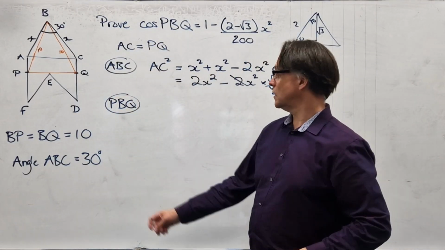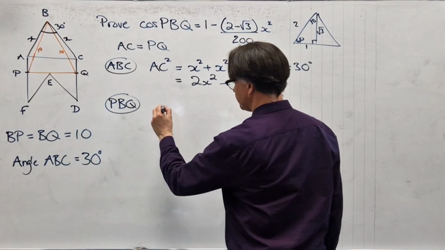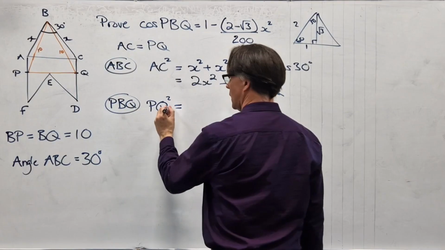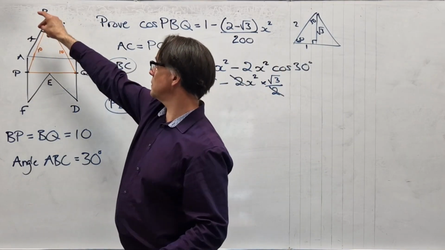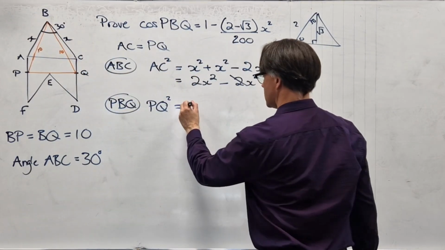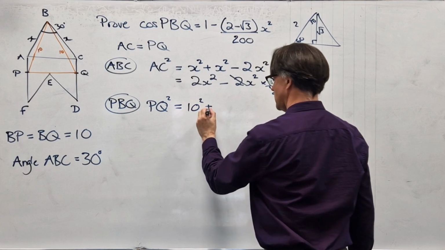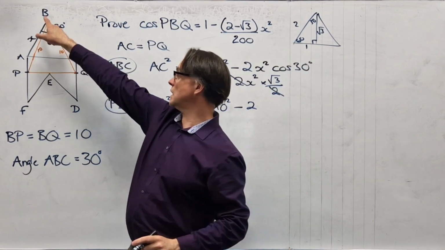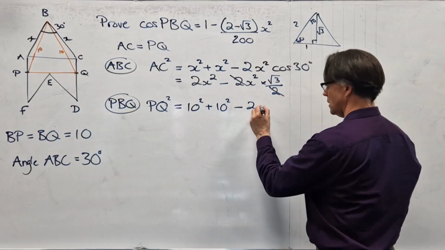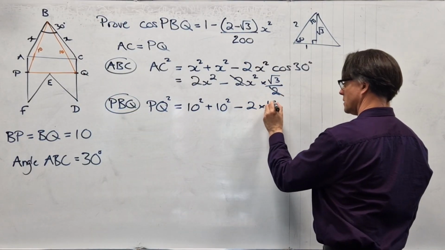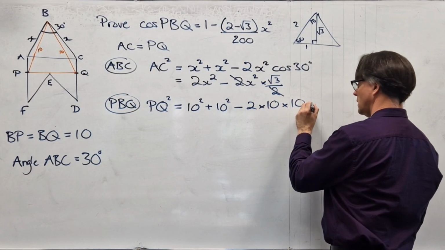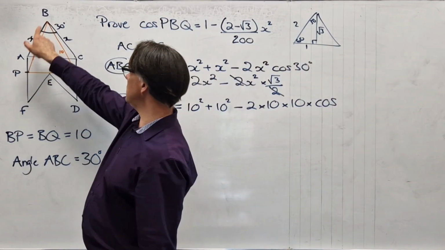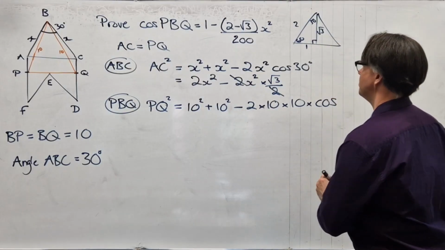So now we've got PQ squared equals 10 squared plus 10 squared minus 2 times 10 times 10 times cos of PBQ.